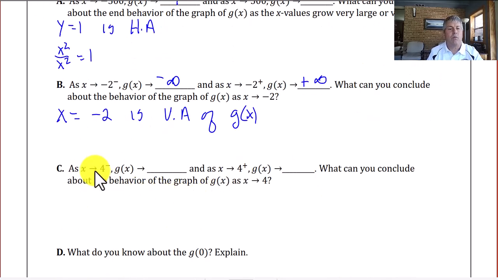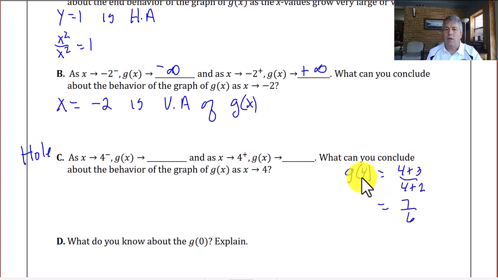Question C asks what happens as x approaches 4 from the left and 4 from the right. So this is the question about our hole. So what happens as we approach our hole? What's that value? Well, we put 4 into our remaining function to find out exactly what it's approaching. And when we put 4 into our remaining function, we get 7/6. So as x approaches 4 from the left, we have 1.167, or 7/6.